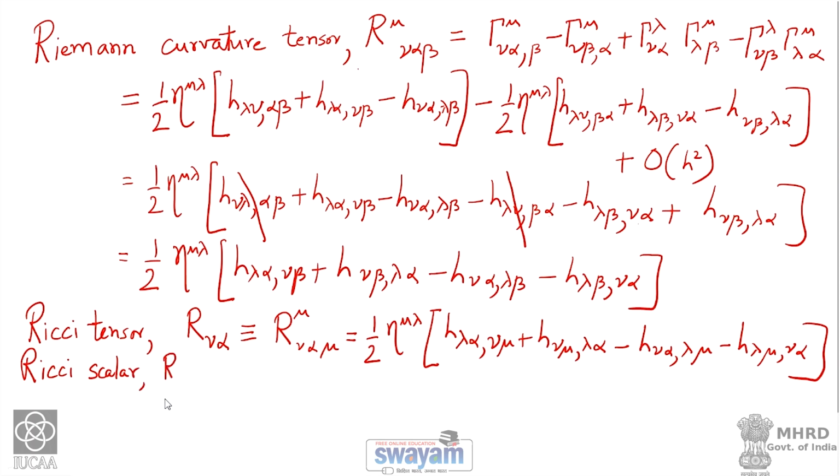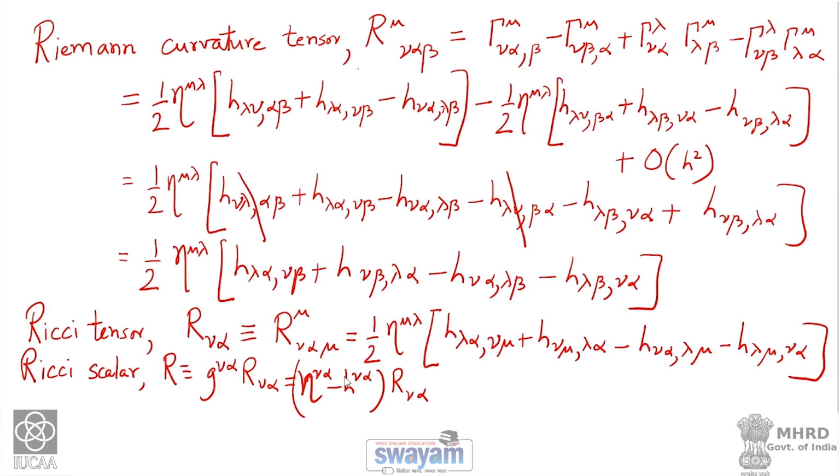which is by definition contracting g nu alpha with R nu alpha, which remember g nu alpha was eta nu alpha plus h nu alpha into R nu alpha, but the h nu alpha term will only give quadratic correction.